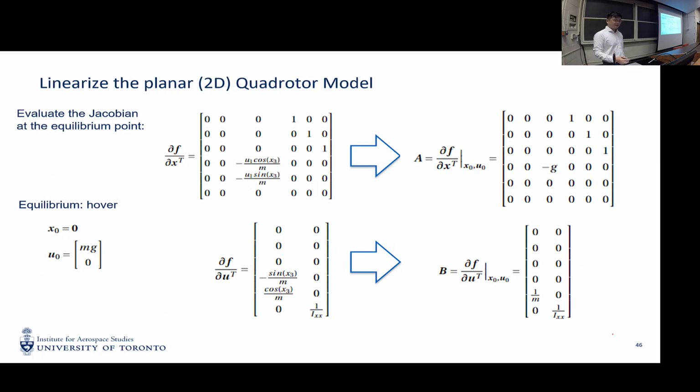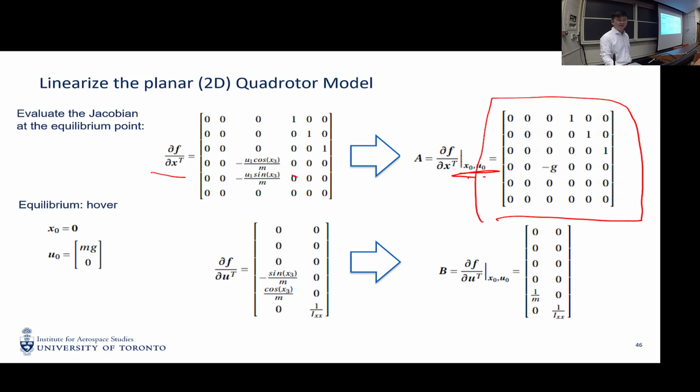So finally, after obtaining the Jacobian, because right now the Jacobian is a function of x, in order to get a linearized equation of motion, we evaluate the Jacobian at the equilibrium. So we just plug x naught, u naught into this equation, and the resulting A is in this format.